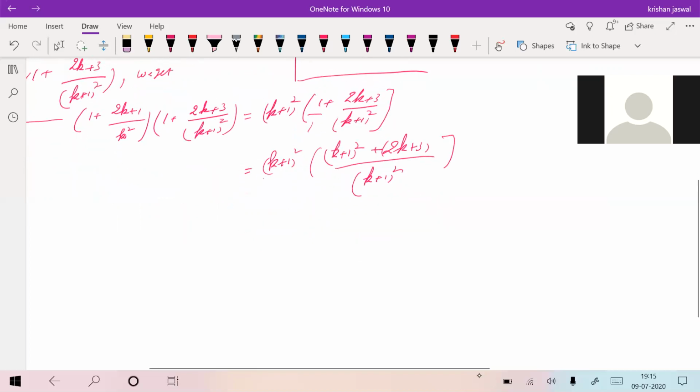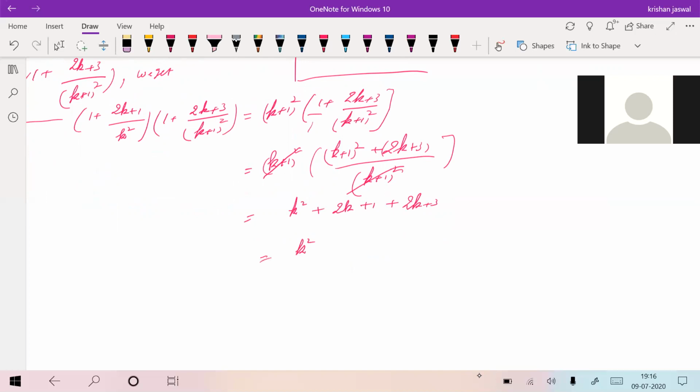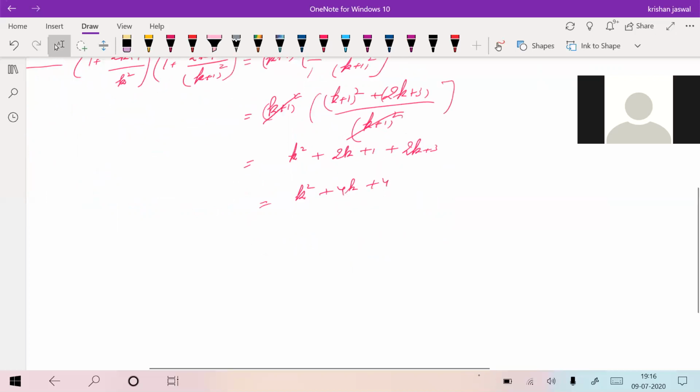Now this (k+1)² cancels by dividing by (k+1)². Open bracket, k² + 2k + 1 + 2k + 3, which is k² + 4k + 4.